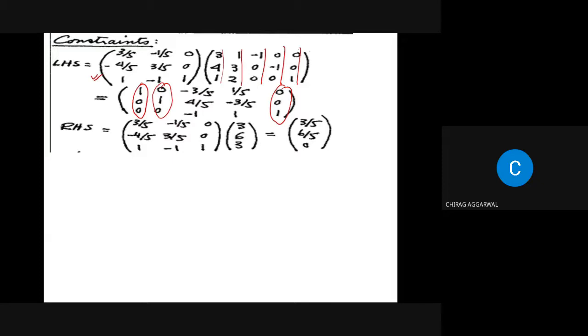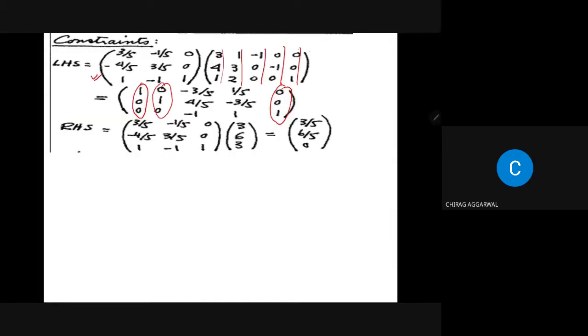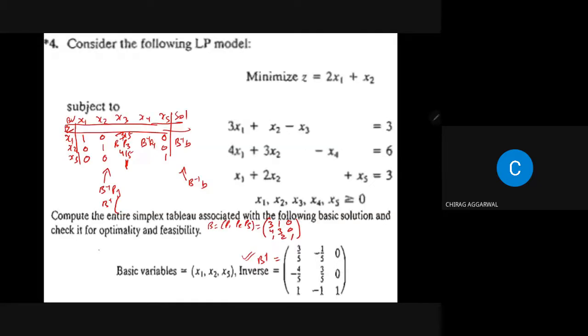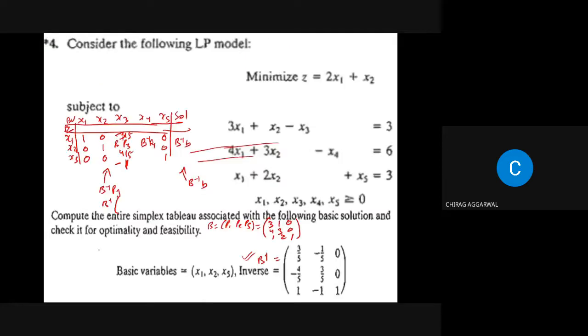So here we have minus 3 by 5, 4 by 5, and 1, minus 1. And here we have 1 by 5, 3 by 5, and 1. Three by 5, 1 by 5, and 1.